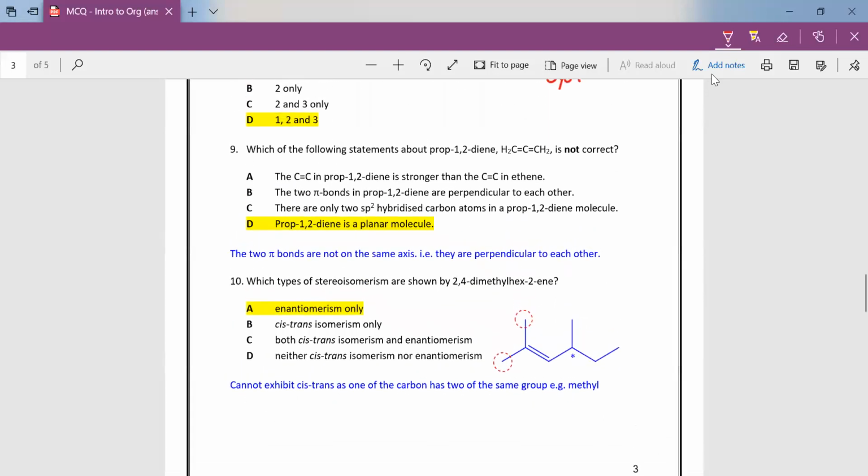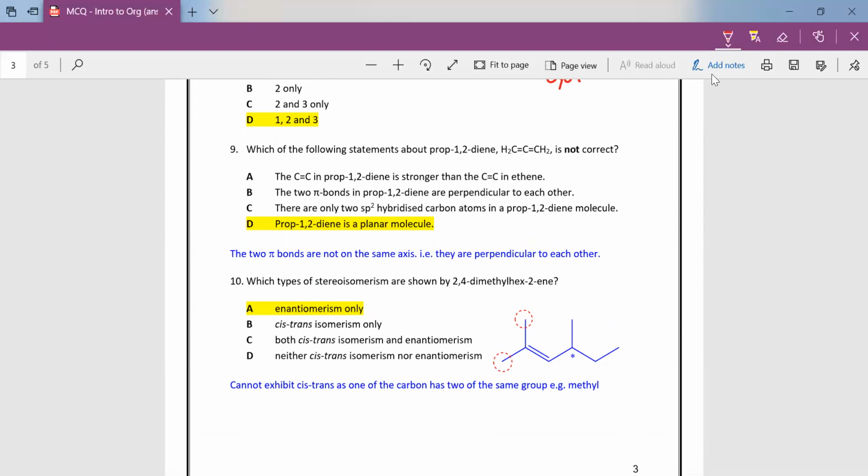Last 2 questions. Which of the following statements about prop-1,2-diene is not correct? Is it linear? No, they are not linear. The 2 pi bonds are not on the same axis.